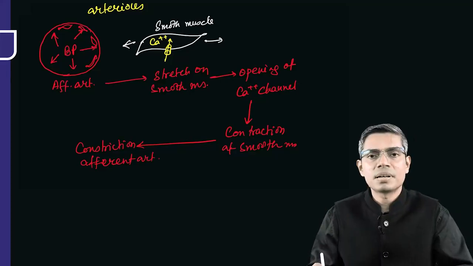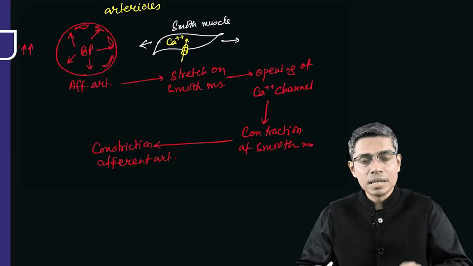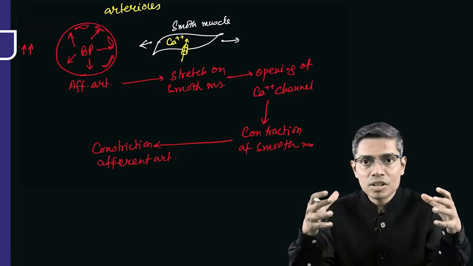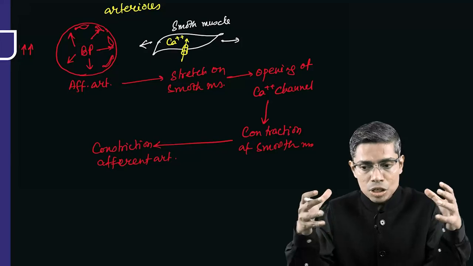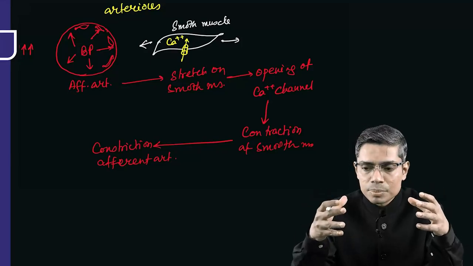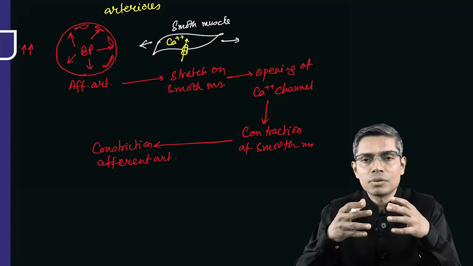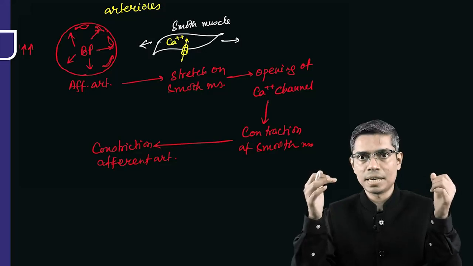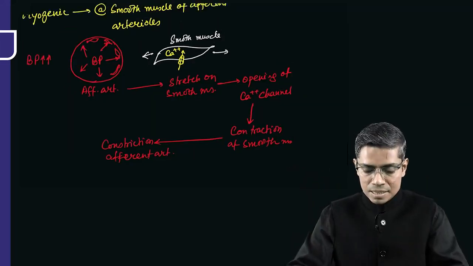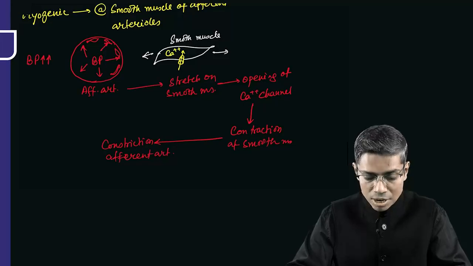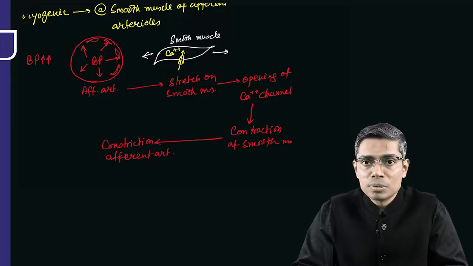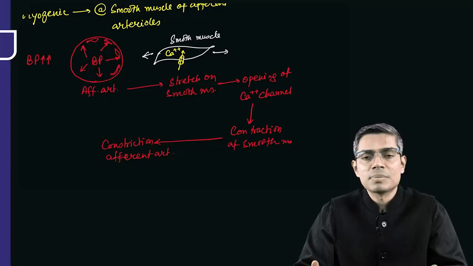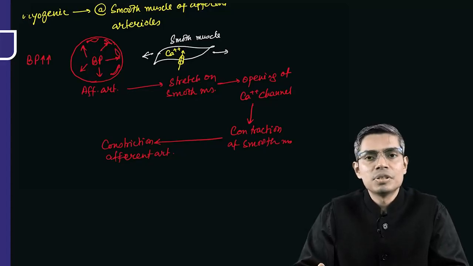So what are you saying? You are saying that whenever the afferent arteriole is stretched, due to contraction of the smooth muscle, the afferent arteriole will again get back to its normal size. This mechanism is mediated by smooth muscles. That's why the mechanism is known as the myogenic mechanism.